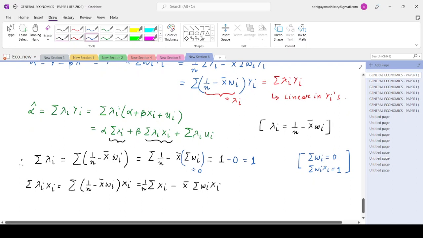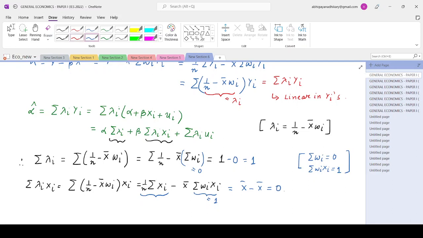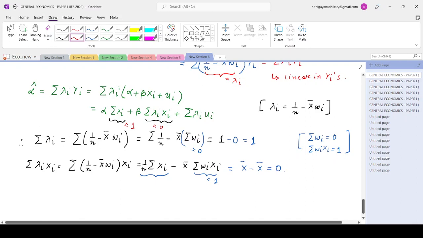So what is summation wi xi? This is 1, right? Which we have already obtained. And what is 1 by n summation xi? That is x bar. So x bar minus x bar is coming out to be 0. So just the opposite: summation lambda i is coming out to be 1 and summation lambda i xi is coming out to be 0.